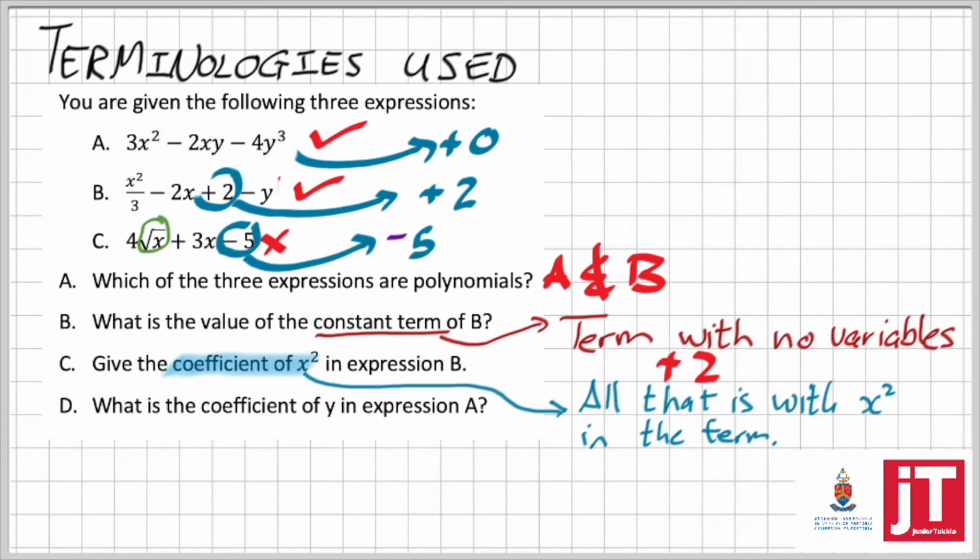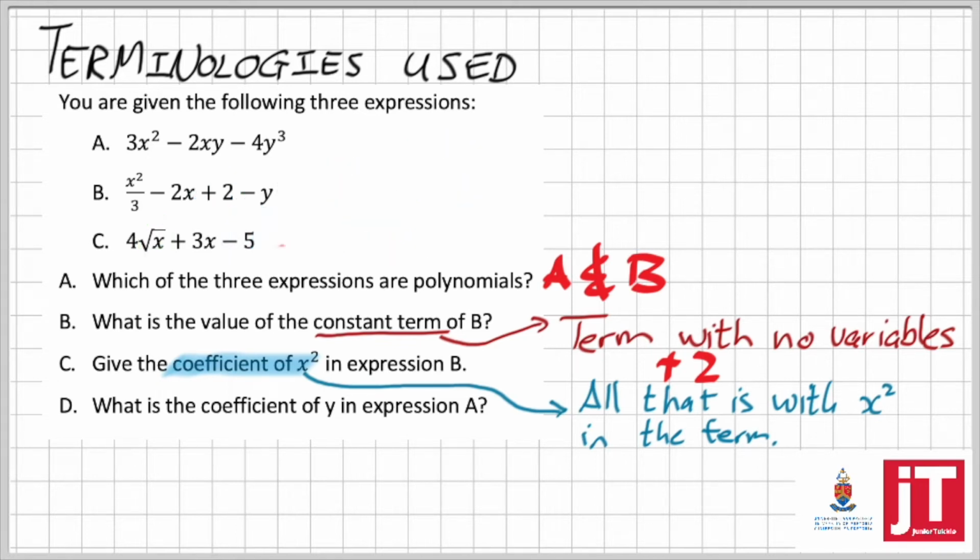Which term has an x squared in it? Well, the x squared over 3. I don't like to have x squared over 3, so I'm going to remember that there's a little imaginary 1 in front of the x squared. So I'm rather going to write it as 1 over 3 times x squared. Now that makes it easy.